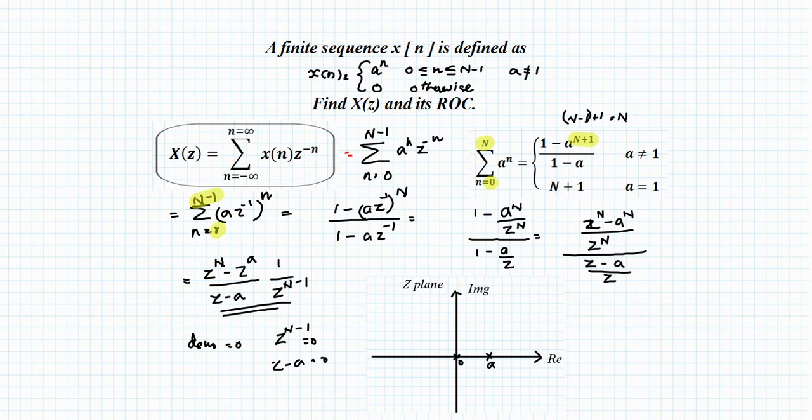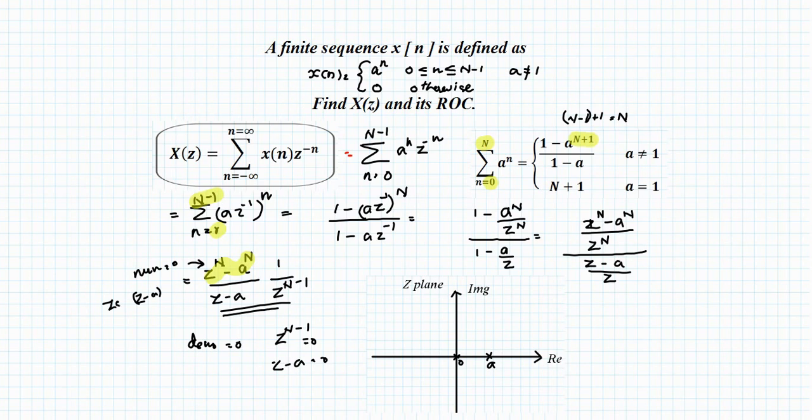But there is one interesting point here. So there is some mistake. This is a raised to n. If you look at this particular term, z raised to n minus a raised to n, and you equate the numerator to 0, or if you factorize this term, you will get a zero like this.